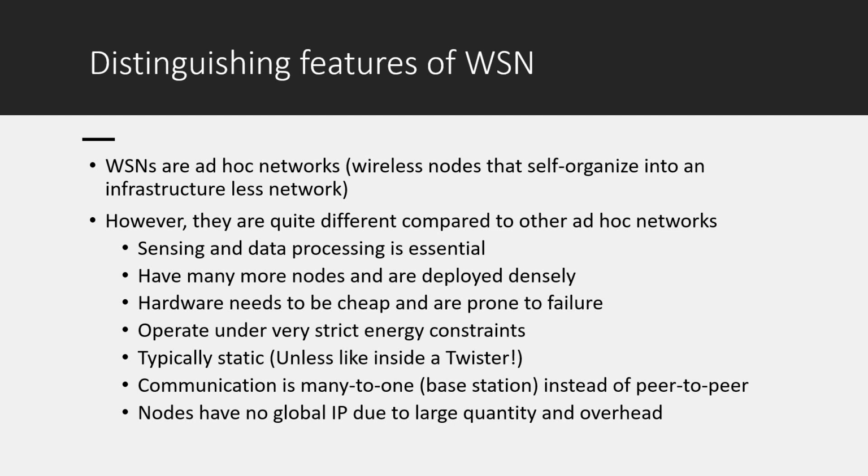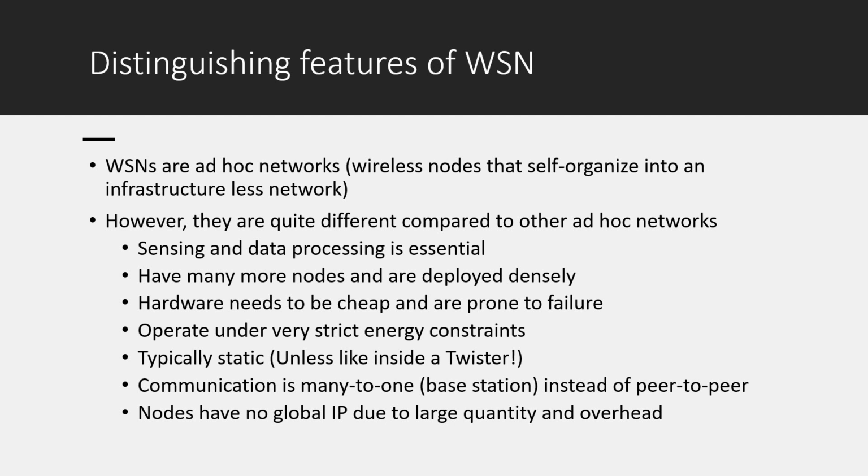And they have many more nodes compared to other ad hoc networks, and they are usually deployed in a very dense way, so that they can communicate easily with their nearest neighbors without much power consumption. The hardware needs to be cheap, and they are usually prone to failure, because obviously they are deployed in places where they can be easily destroyed.